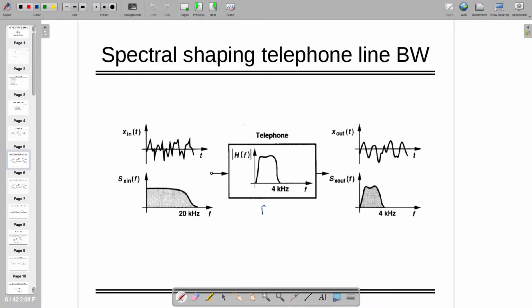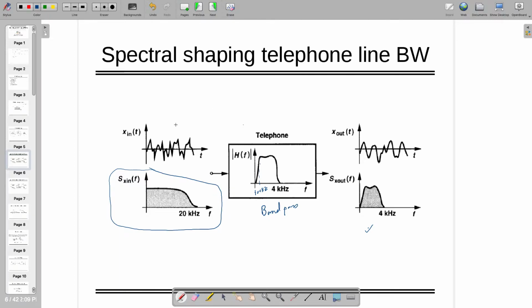So this is a band pass system, and let's assume it's 100 hertz to 4 kilohertz of band pass. If the input probability density function goes through this telephone line, at the output you are going to see this.